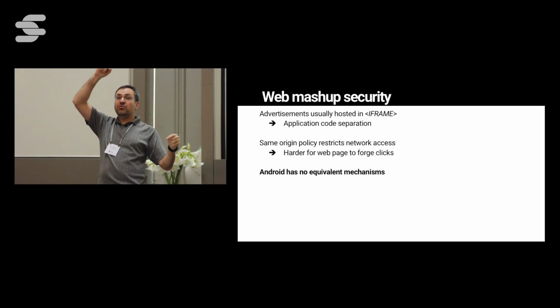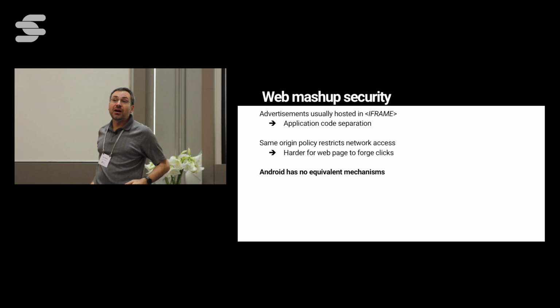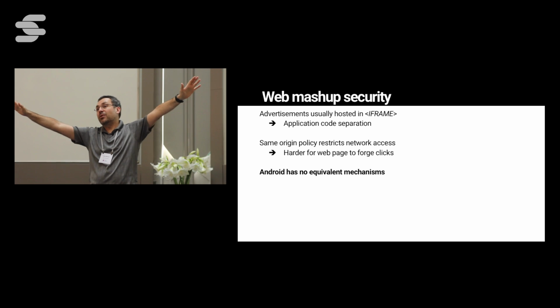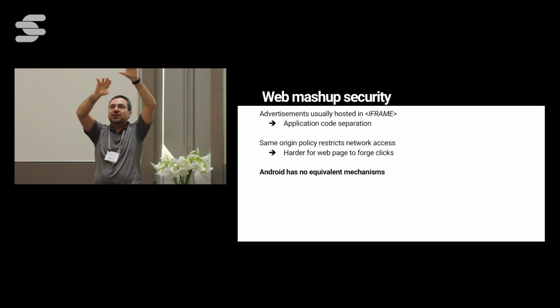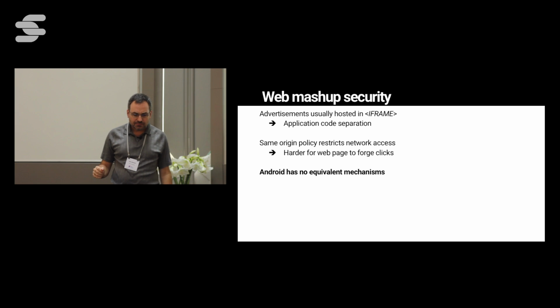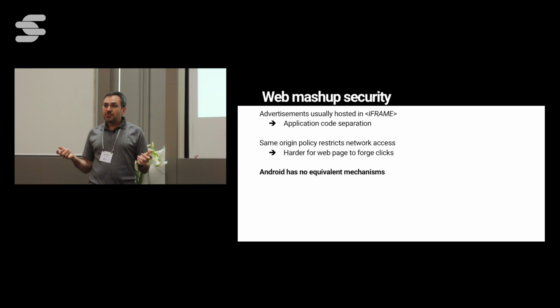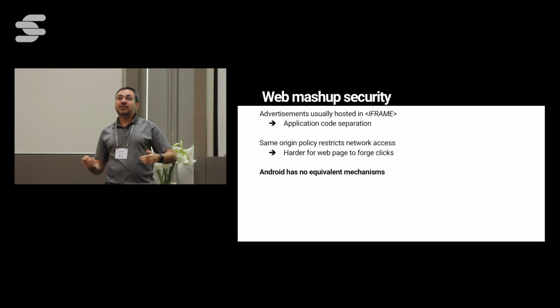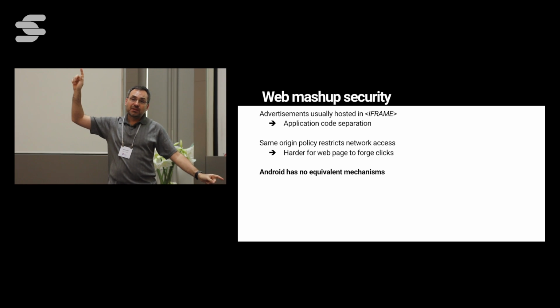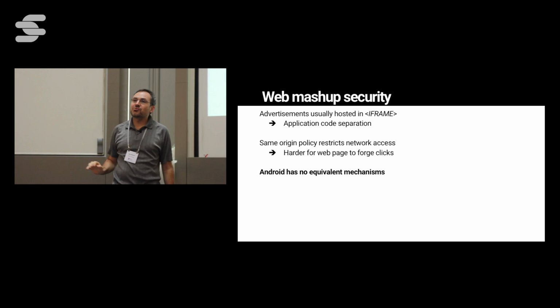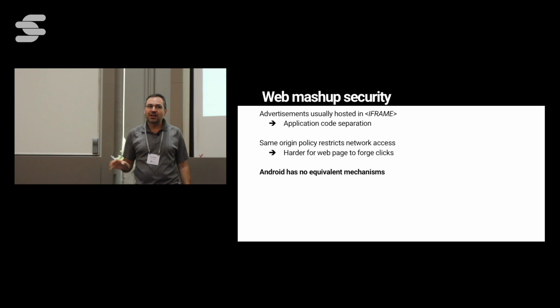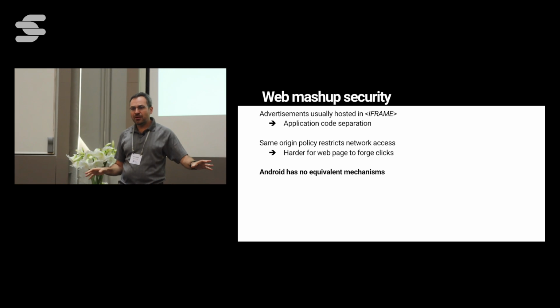It can't see the host, and the host can't see inside the box. They're just two completely separate websites that happen to be co-located on the screen. The same origin policy, built into the browser, means the outside can't look in and the inside can't look out. There are some goofy exceptions that aren't worth getting into today, because we're talking about Android, not the web.